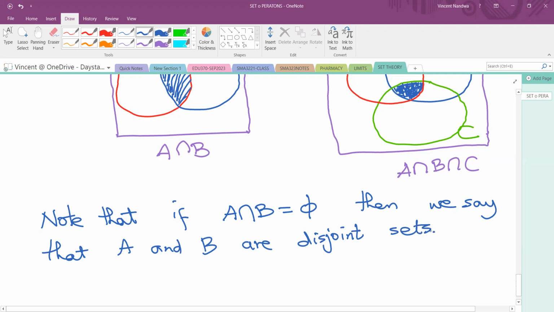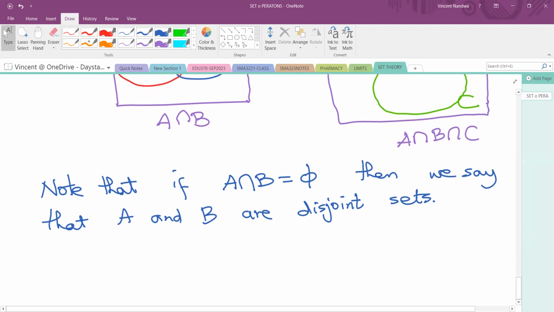So whenever the intersection is an empty set, that means that there's no common element, then the sets are described as being disjoint.